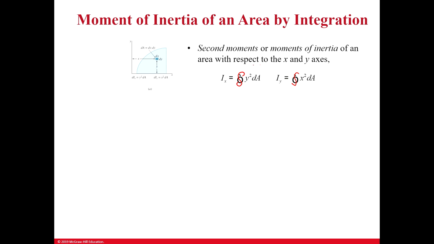If you want to find the second moment of inertia with respect to an axis x and y, it's pretty simple. With respect to the axis x, it is the integration of your function y, which is a function of x, squared dA.